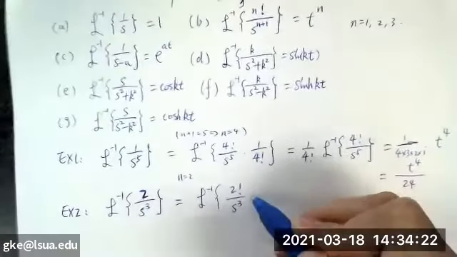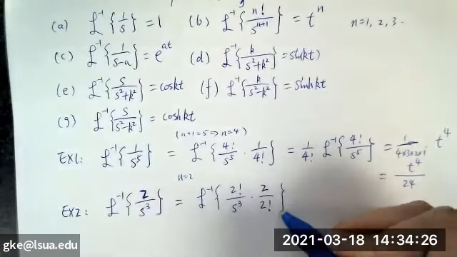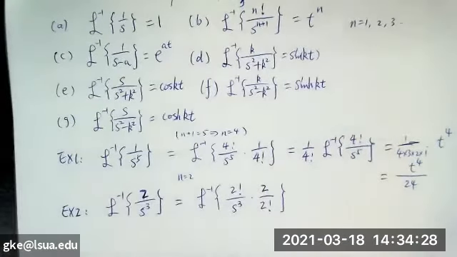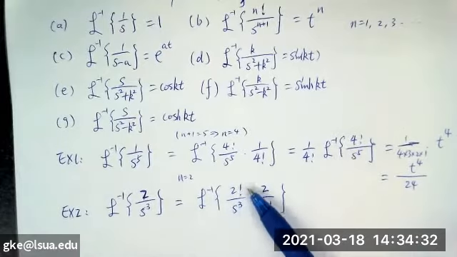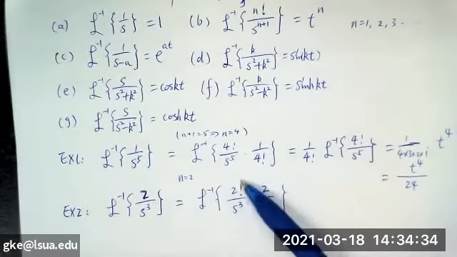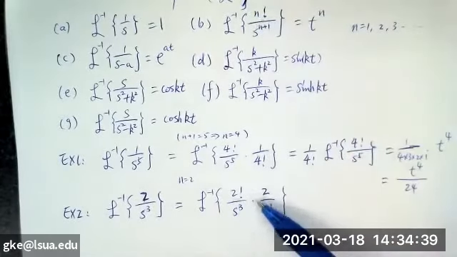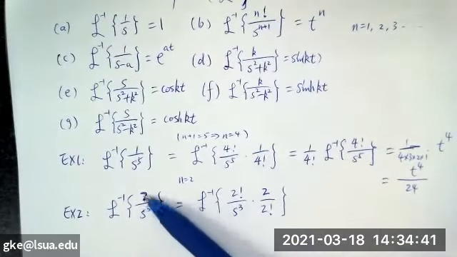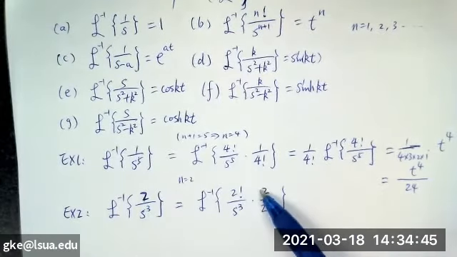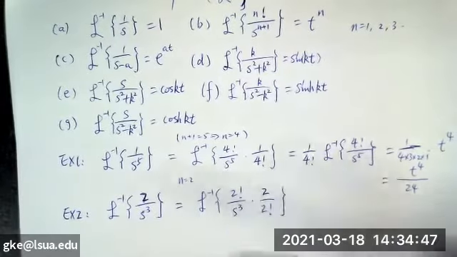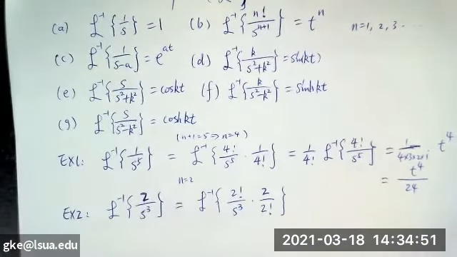And in the numerator, we have 2 here, divided by 2 factorial. Right? Here is a little bit special. Following the previous example, we need a 2 factorial, 2 factorial divided by 2 factorial, and here we have 2. You just put a 2 here. So basically, if we cancel out, we can still get the original one, right?